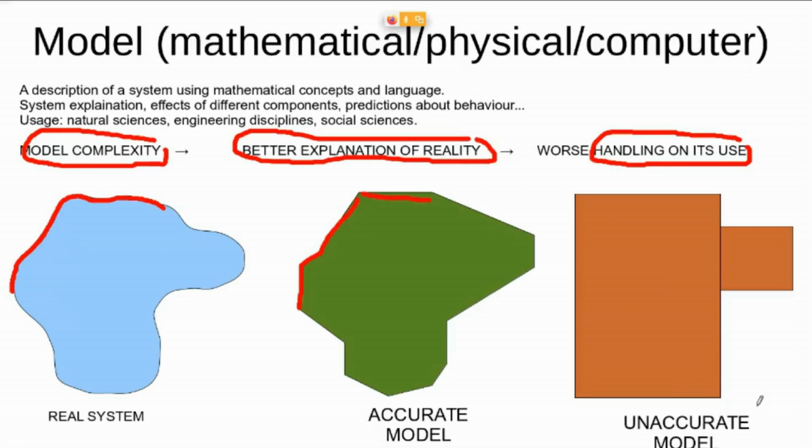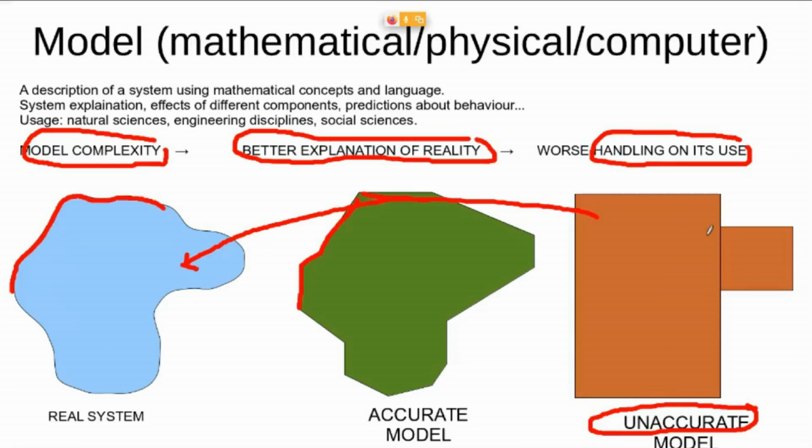So sometimes it's better to have an inaccurate model. As you can see here, this model is so simple. This model explains in a simple form the behavior of this real system, but this model is very easy to handle.